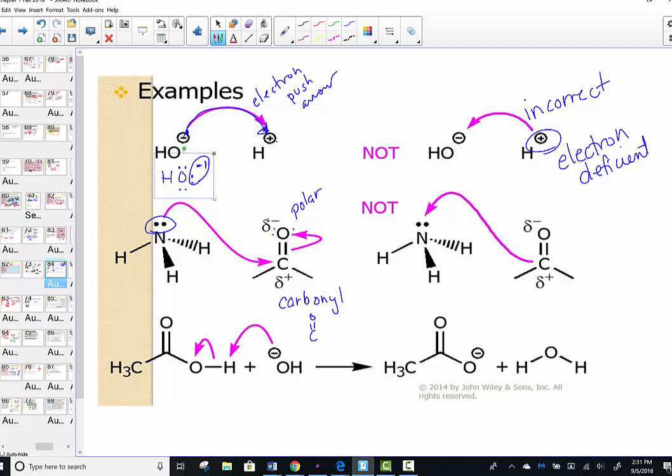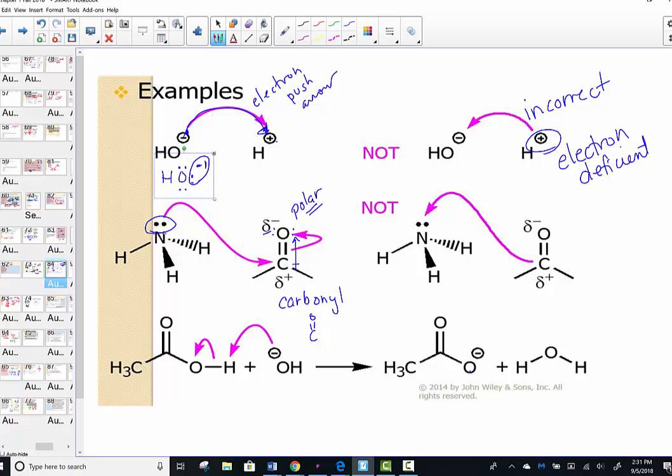This exposed electron area on top of the oxygen makes it a partial negative charge. Because the electron distribution is being pulled from the carbon out onto the top of the oxygen, that uneven electron distribution makes the molecule polar. That leaves the carbon slightly positive.